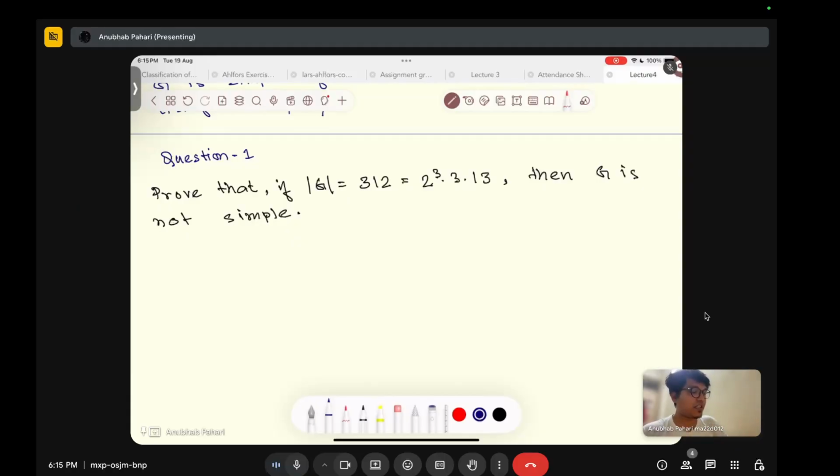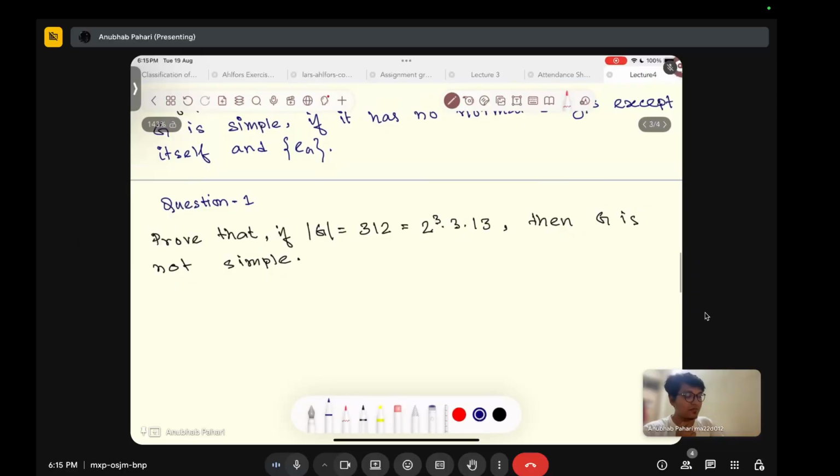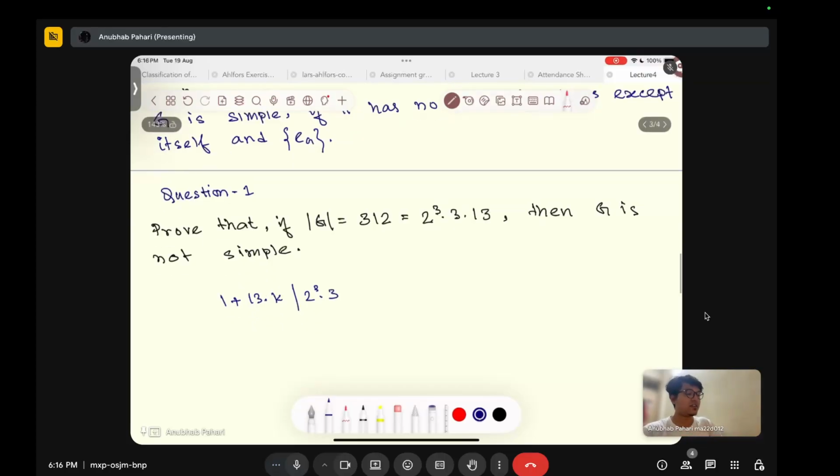Okay, I will be formally writing the proof. Before that, you should do it this way: 1 plus 13k should divide 2 cubed times 3, so it is 24.